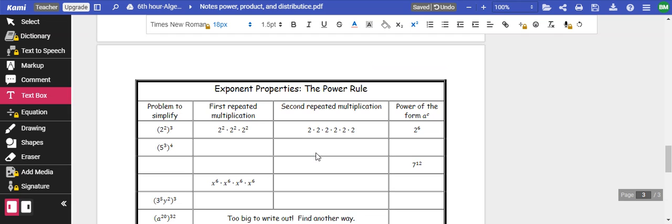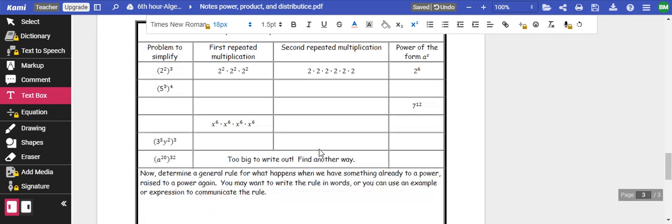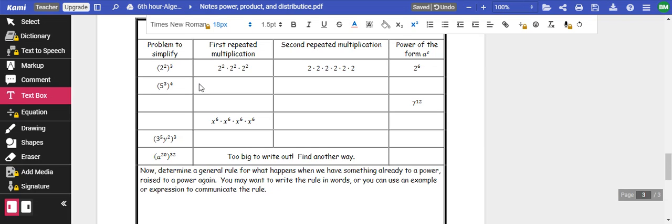So power rule is a little bit different. We've got a couple of examples right here. I'm probably not going to do many of these out. I'll just do this first one.